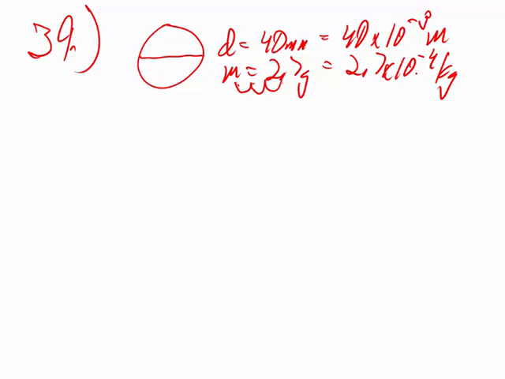I've got to be careful now. 1, 2, 3. Put your decimal here, 1, 2, 3. It's -3. Because if it's 2.7 grams, you divide by 1,000. It'd be 2.7 times 10 to the -3 kilograms.